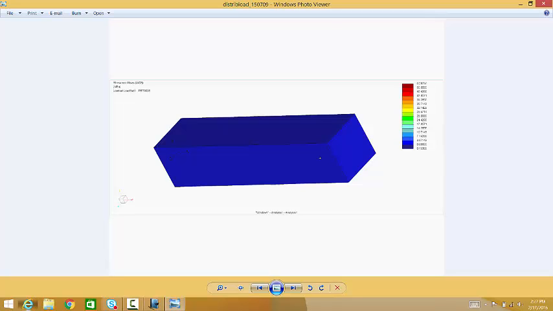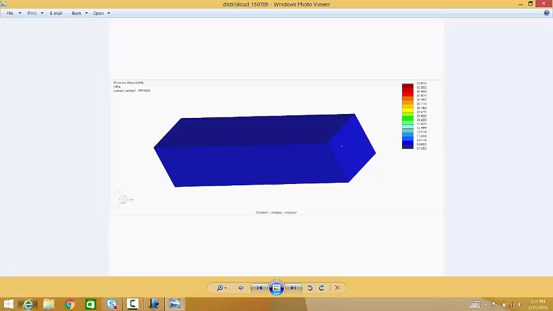And that's what you see there, that color blue. I'm not going to go into what this measure of stress is, but it's basically an index of stress that takes all the stress elements into account and represents it as a single value. And so blue says it's the same value everywhere.